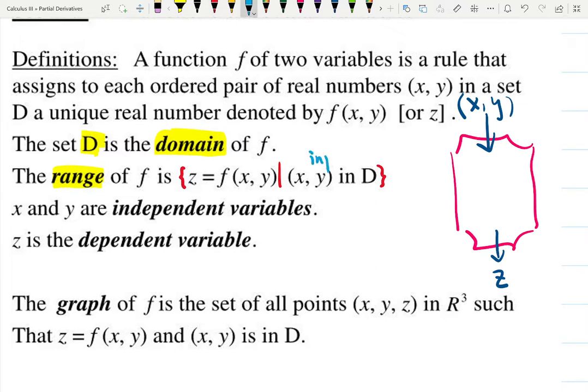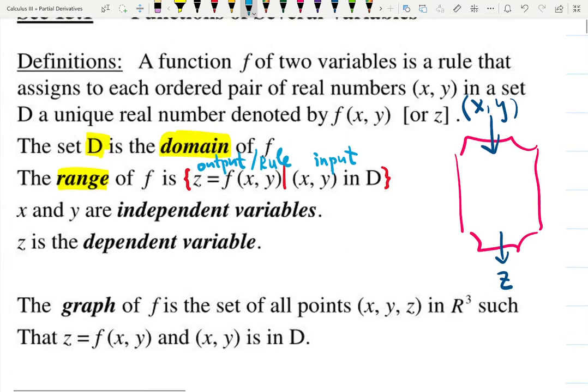Basically it says this is my input and this is my output and my rule. So the equal sign means a rule, like x squared minus sine y plus some logarithm. Did you see the notation of braces before? We try to teach it in the calculus classes. Braces means a set of z equals f of x and y, where x and y belong to domain D.